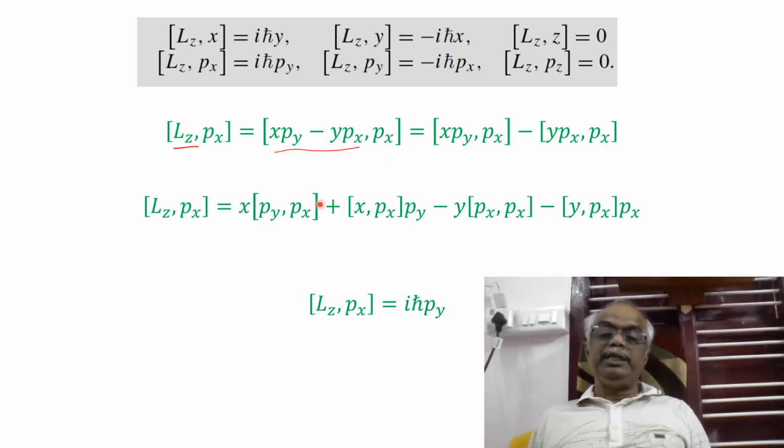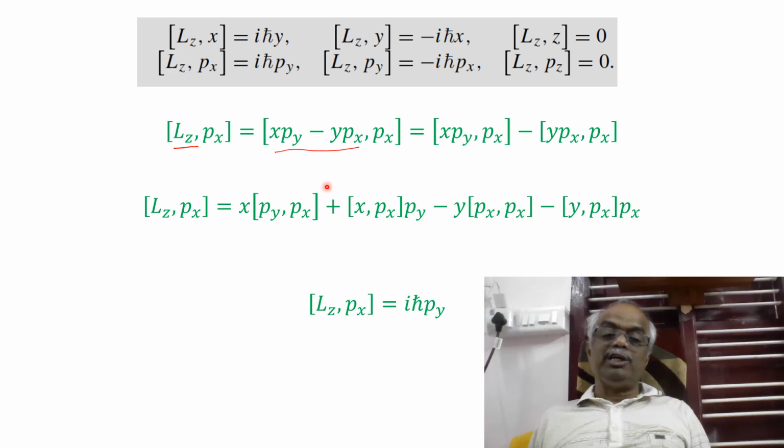Now use the commutator expansion: the left hand side operator x stays on the left, and the right hand side py stays on the right. The same, you expand this. y will go to the left, and this px will go to the right. Here there is a minus sign, so I have used a negative sign. So I have expanded this commutation relation.